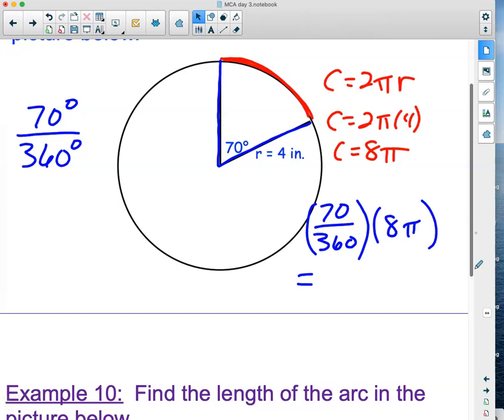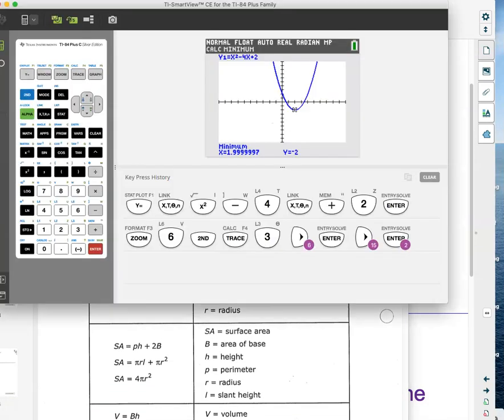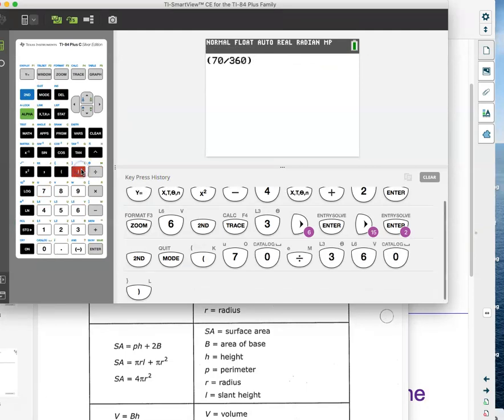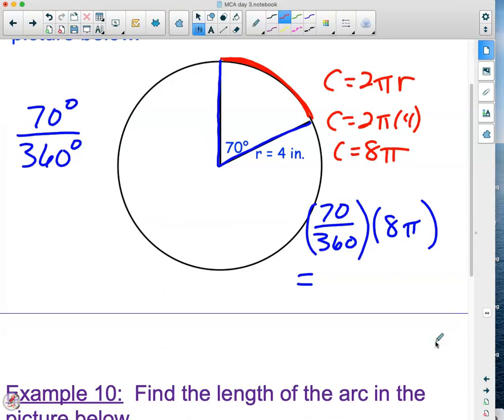So let's see, I've got my formula sheet in the way. There. About 4.89 inches.